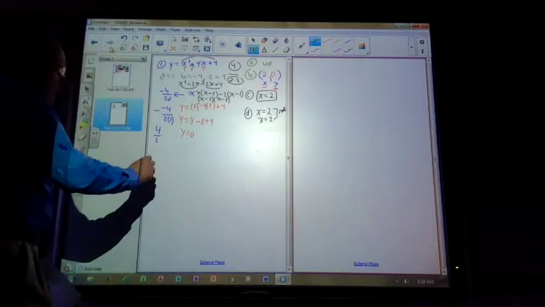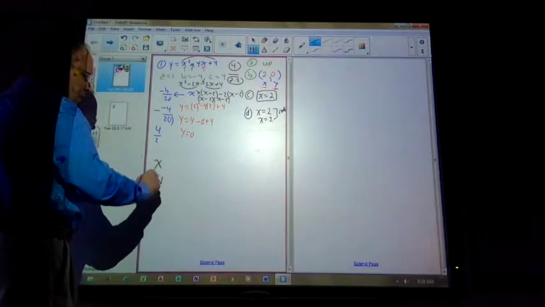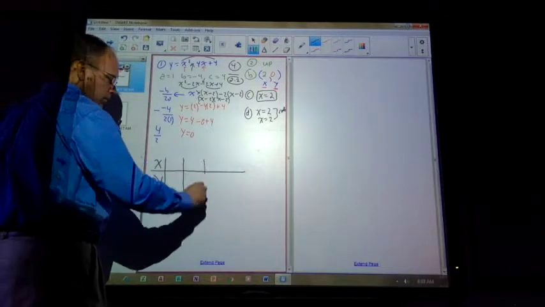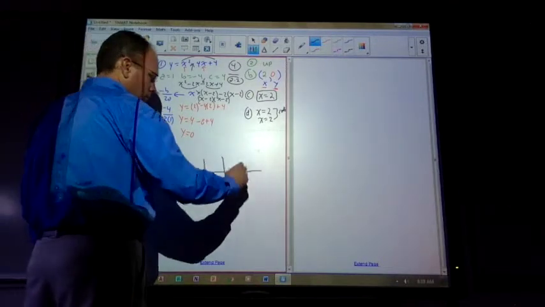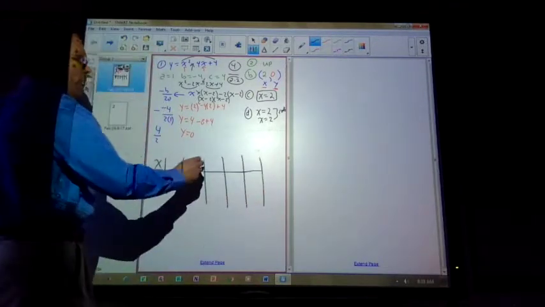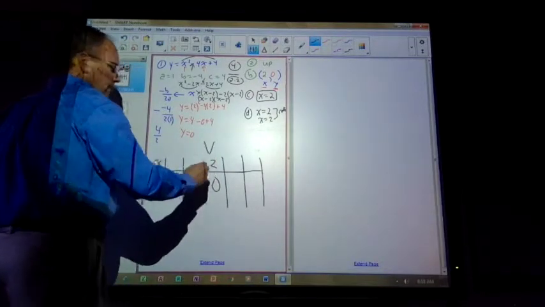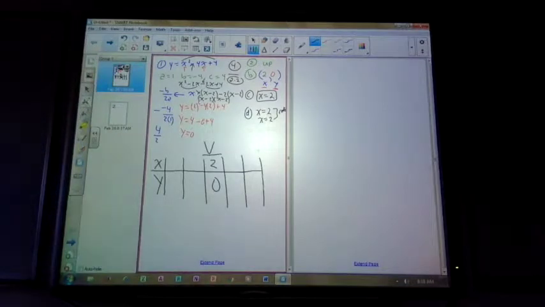All right, I want to make a table. So I have x and I have y. And in the very middle, I'm going to put my vertex, 2, 0, and I'm going to label that V. Is that okay? So I want to complete the table.